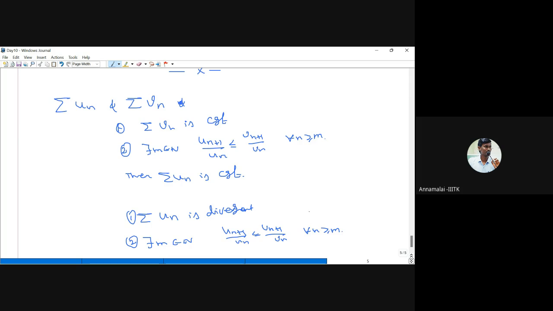Then the small series Un diverges implies the bigger series Vn diverges. So what is the difference between the first type and second type? In the first type, we compare only the nth terms of Un and Vn. But here, we compare the quotient of the n plus 1th term and the nth term of both series.